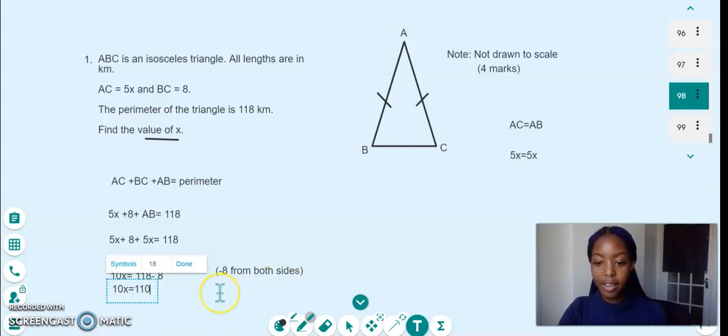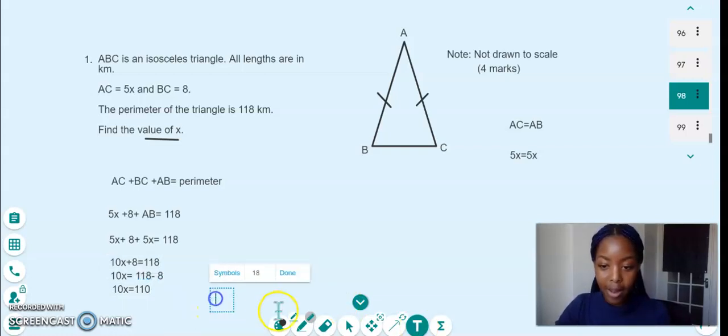And now we want x just by itself. We've got 10x, but we want just the value of x. So you need to do something to both sides of the equation. To get the 10 away from the x, you have to divide by 10 on both sides. So if I just put that to the side, divide by 10 on both sides.